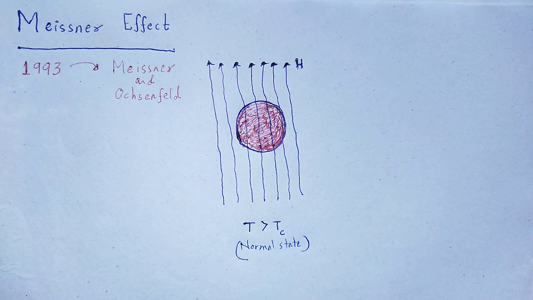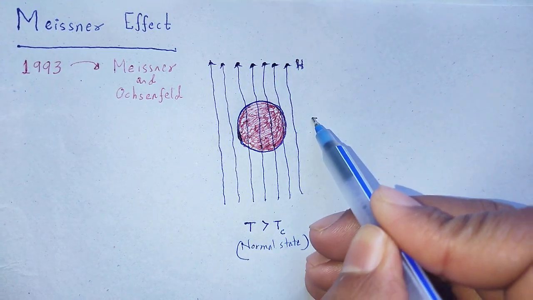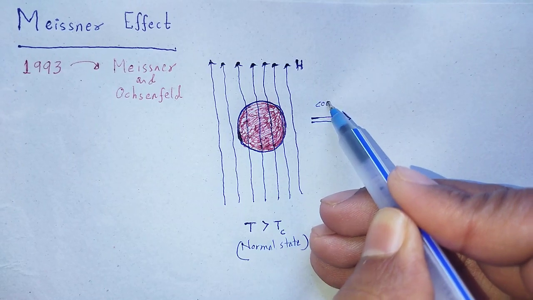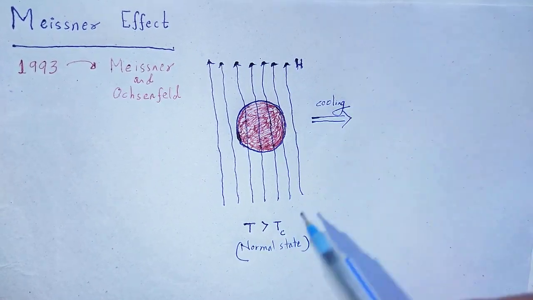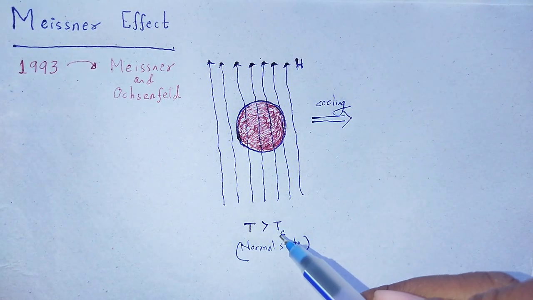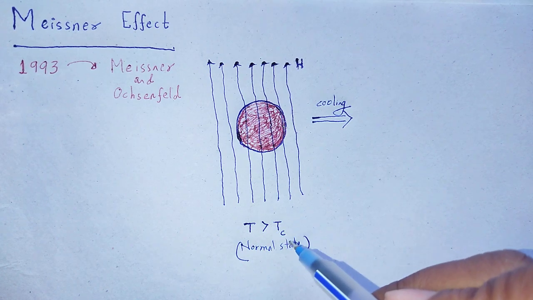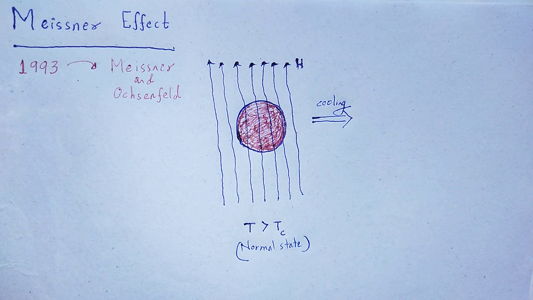When we cool it, meaning the temperature goes below the critical temperature, then what happened?